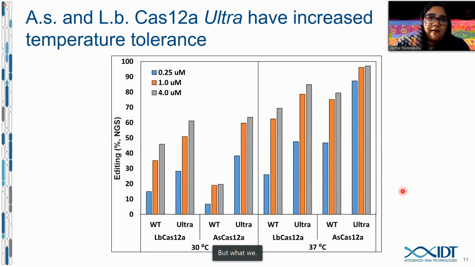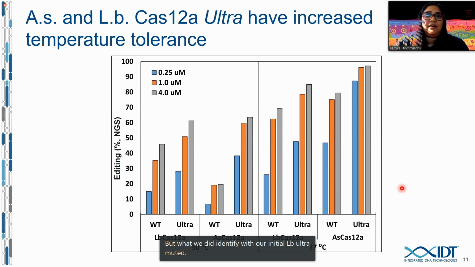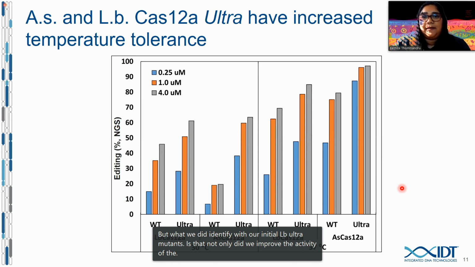But what we did identify with our initial LB Ultra mutants is that not only did we improve the activity of the Cas12a protein, we also found that the increased activity made it easier to be temperature permissive.